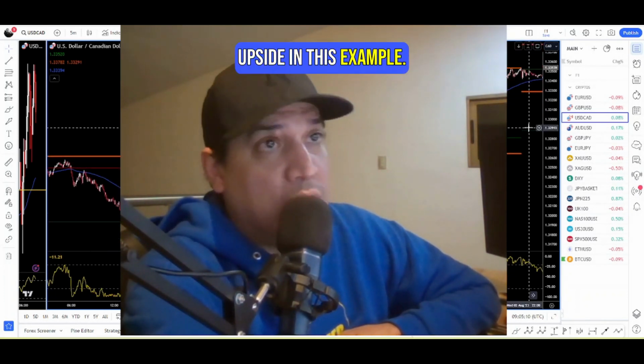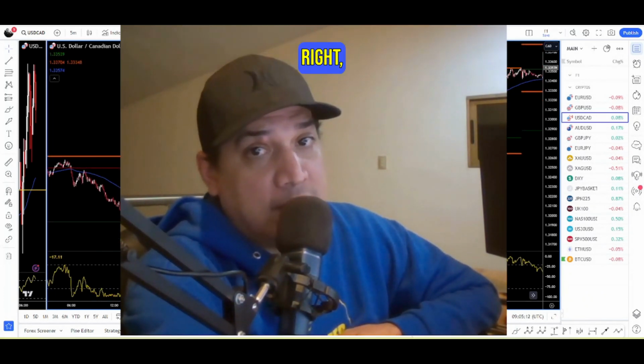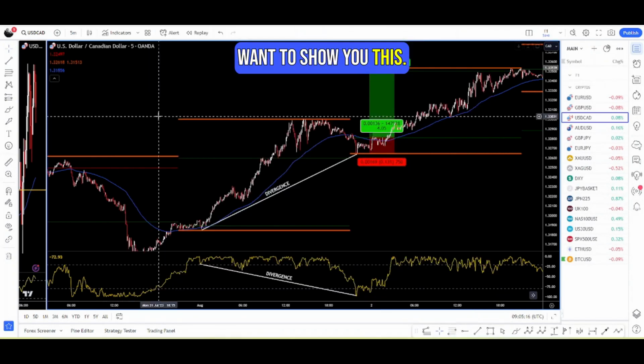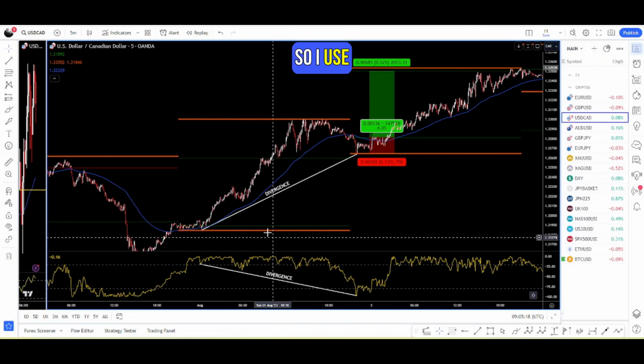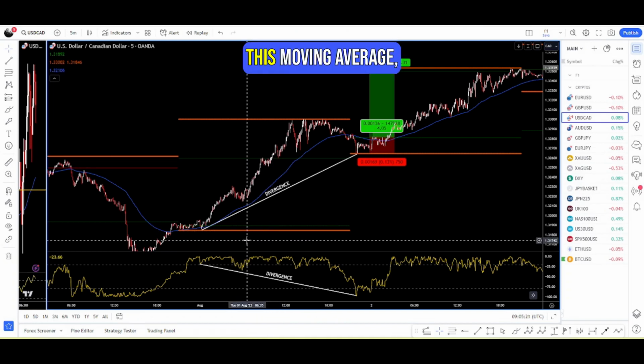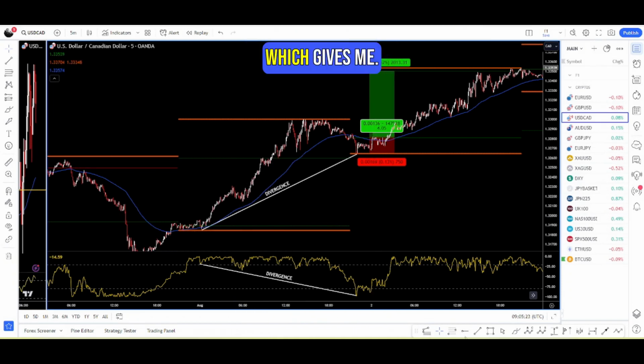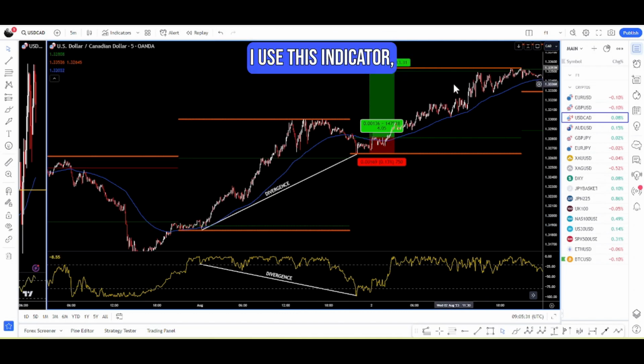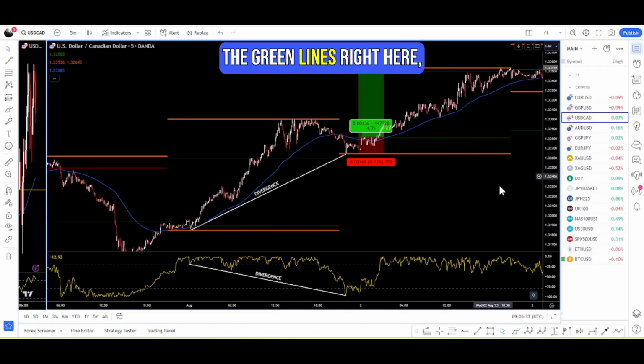In this example, I'm going to turn the camera off just a second because I want to show you this. So I use this moving average, which shows me really how strong the market is trending. I use this indicator, the green lines right here, that shows me exactly where my target should be.